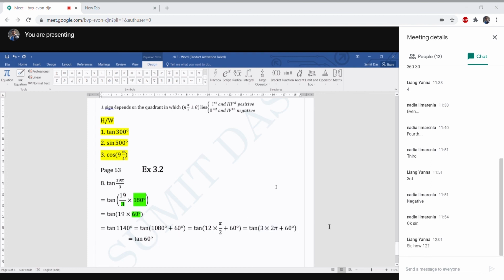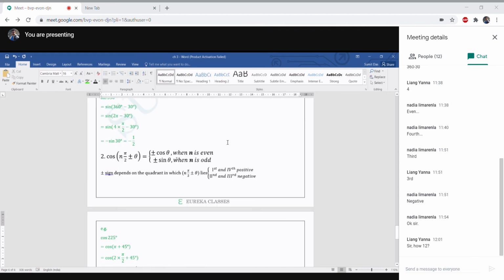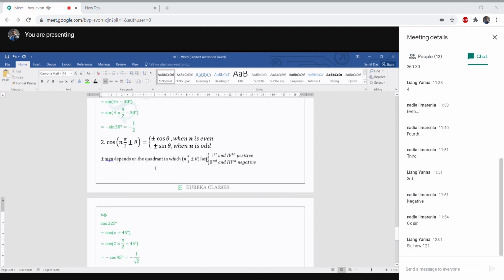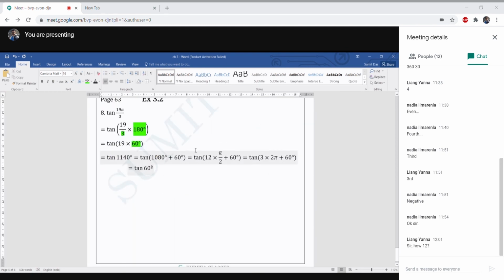We know that 2 pi means 1 complete revolution, 3 times 2 pi means 3 complete revolutions. After that, 60 degree, that means the angle is here. So tan 60 degree is lying in the first quadrant. So we will put the tan 60 degree value, which is root 3.